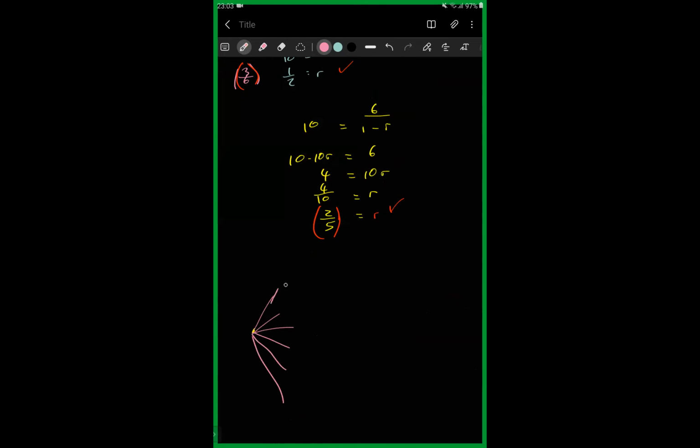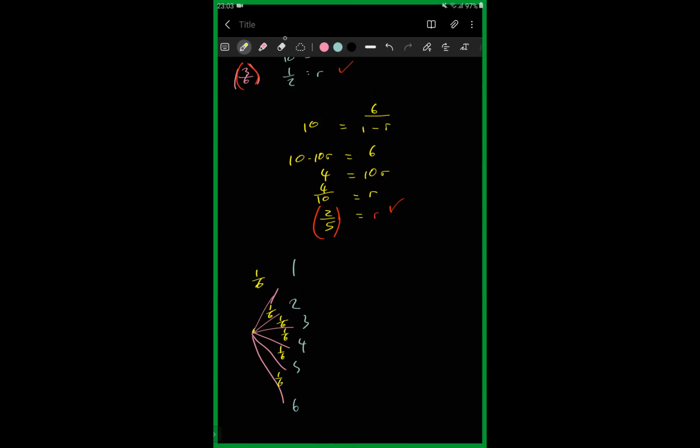The probability of getting a 1, a 2, a 3, a 4, a 5, and a 6, all these are equal probabilities. There's 1 over 6 chance for each.